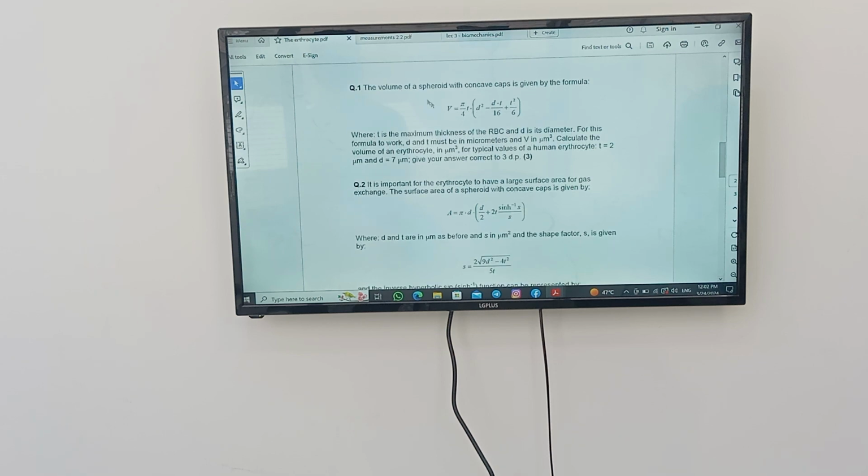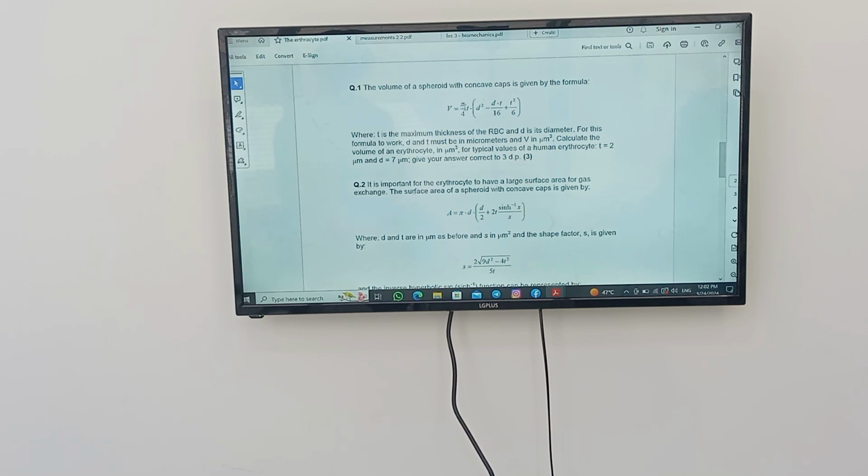The volume of a spheroid with concave caps is given by this formula. It is not the same formula as for a normal circular radius where we just divide pi over 4. No. The volume of the spheroid with concave caps equals pi over 4 times t, which is this thickness.